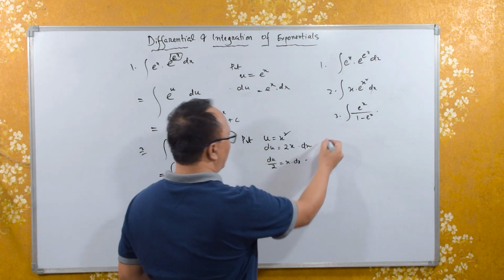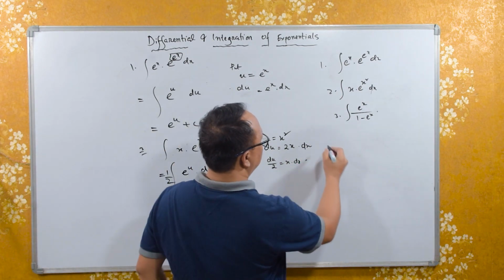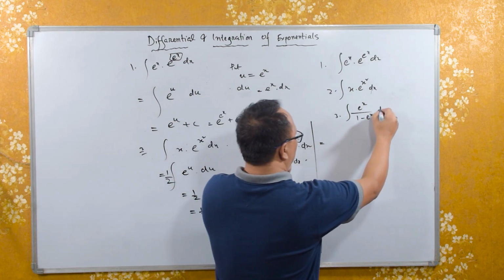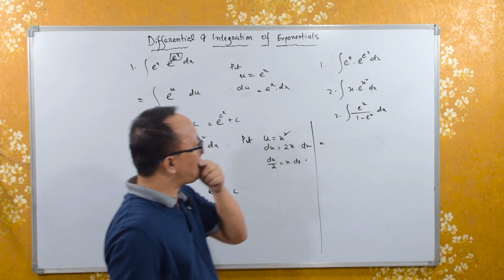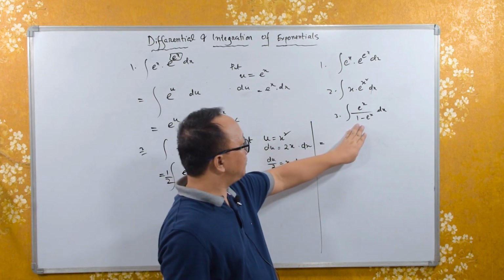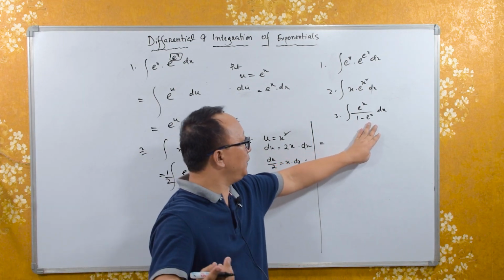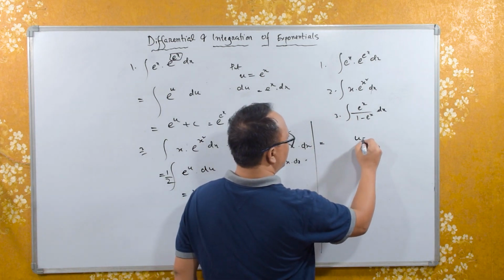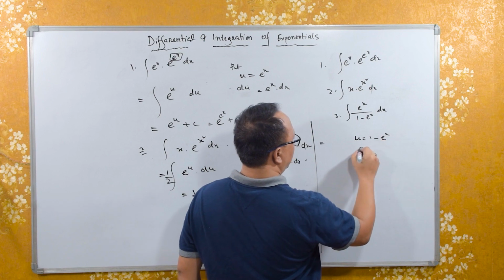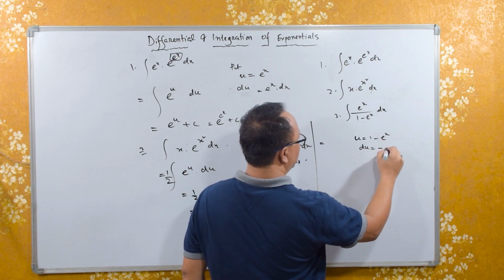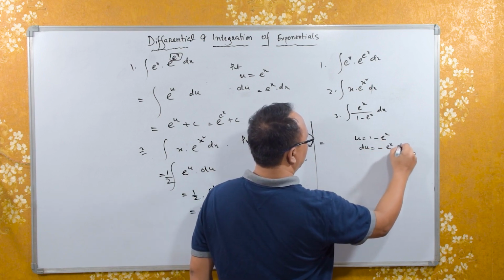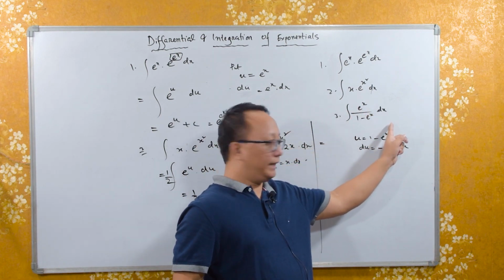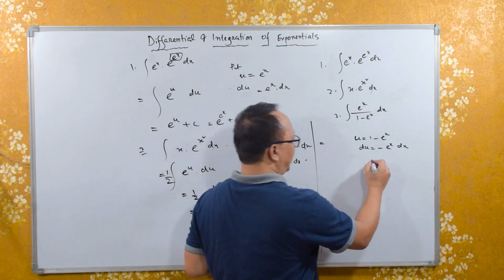Now, in this sum also, if I substitute 1 minus e raised to x as u, similarly I will be getting du. Let's put u equals 1 minus e raised to x. Then du equals minus e raised to x dx. Now, I need only e raised to x into dx, so the minus will be sent over here.